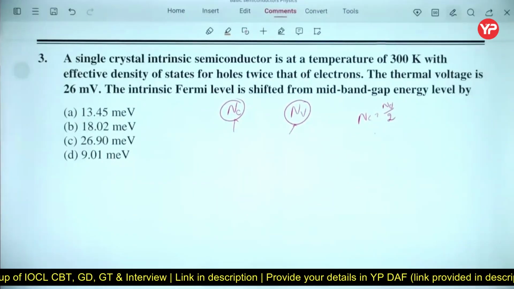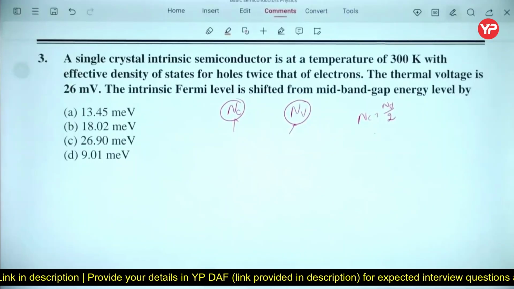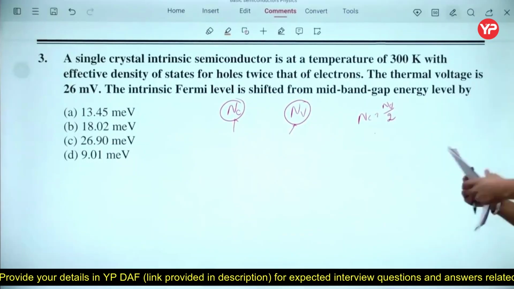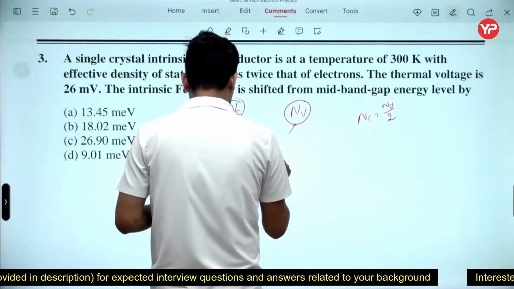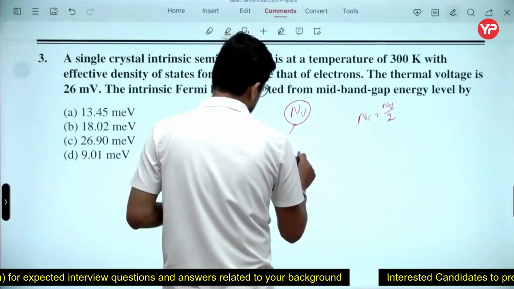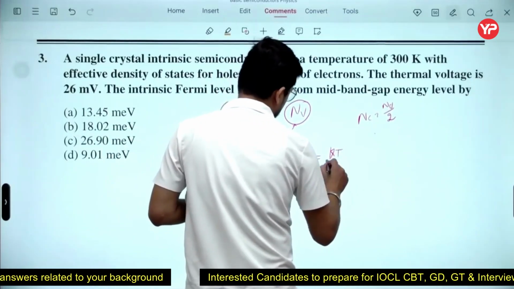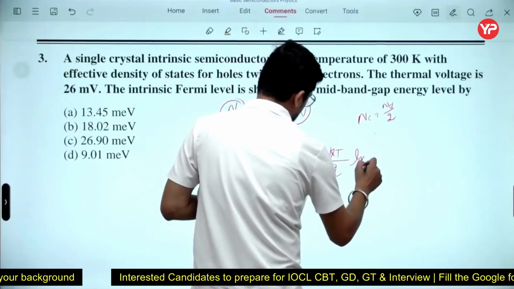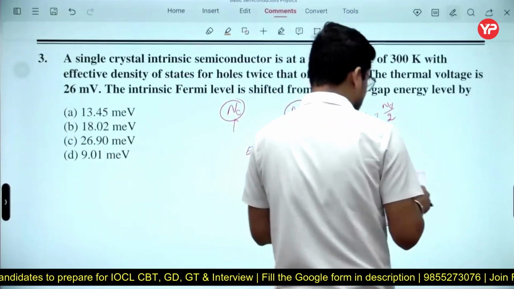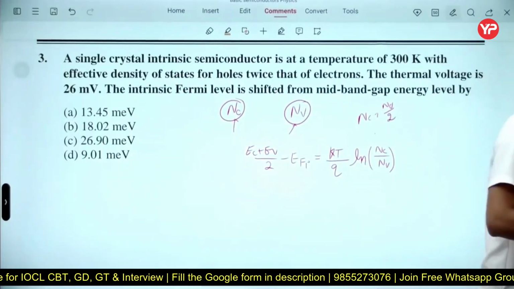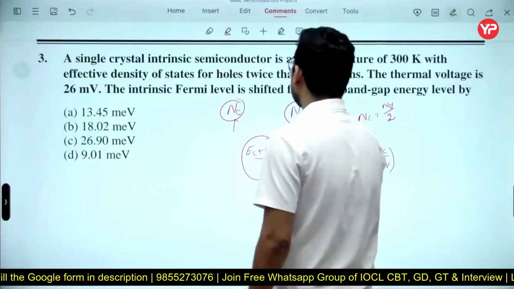Now, if you are going for the shift in Fermi level, that will be given by (EC plus EV) divided by 2 minus EFi. This is called the intrinsic Fermi level. That will be equal to KT over Q ln NC over NV. This is the formula for that one. This is the new Fermi level and this is the Fermi level of intrinsic.